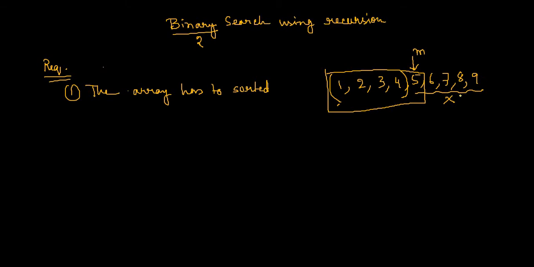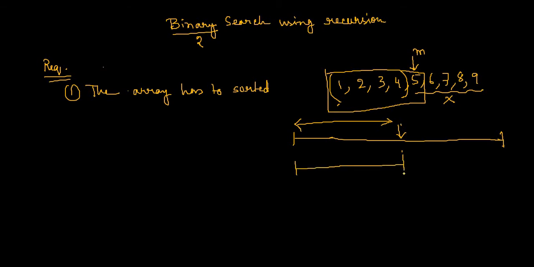So you have a search space; initially you have the search space from here to here. You find the middle and realize that whatever data you are searching is present in this part only. So you are minimizing your search space from the whole space to this part.